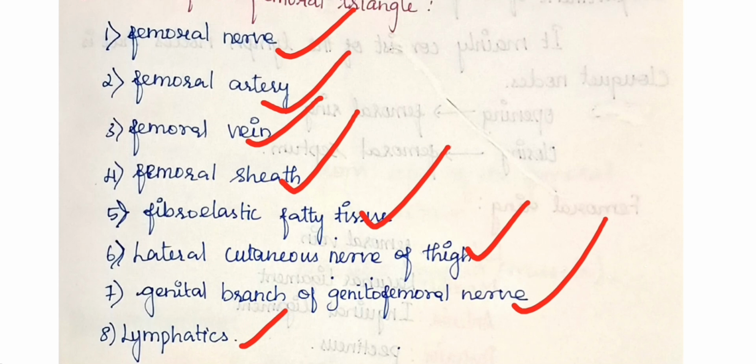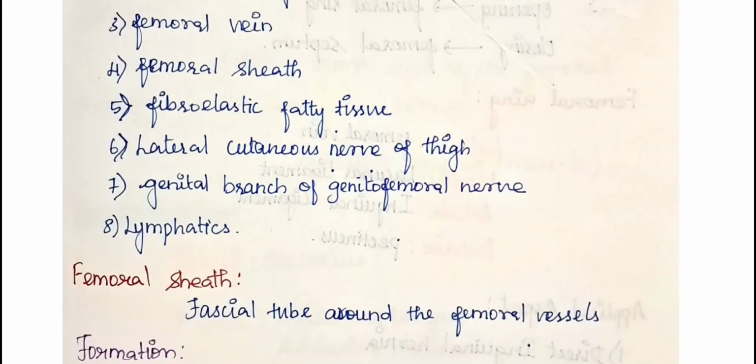The femoral nerve, artery, vein and sheath are common. What you mainly have to remember is the lateral cutaneous nerve of thigh and the genital branch of genitofemoral nerve. These two nerves are present in the femoral triangle.